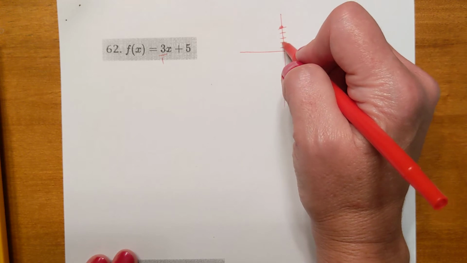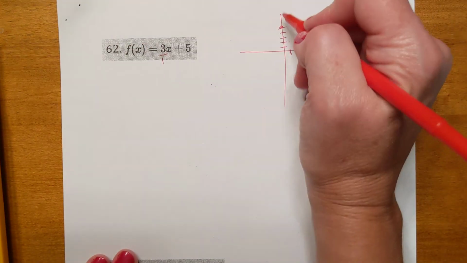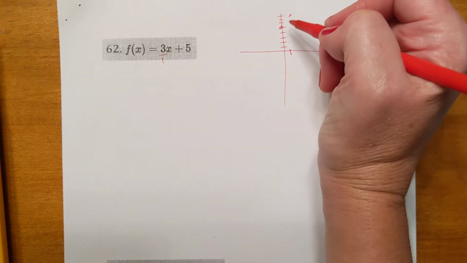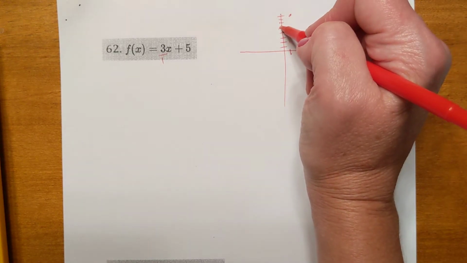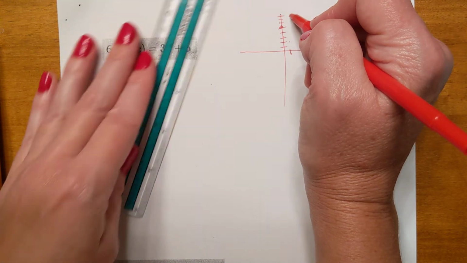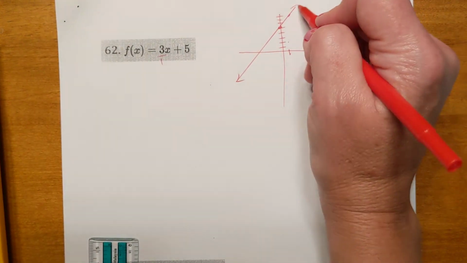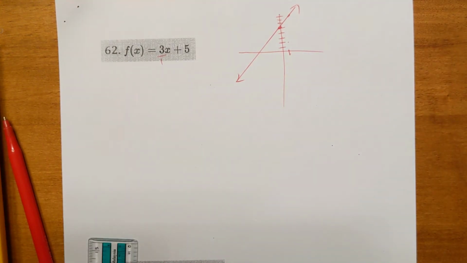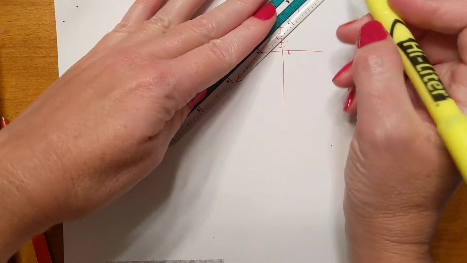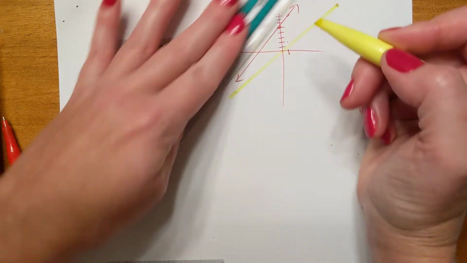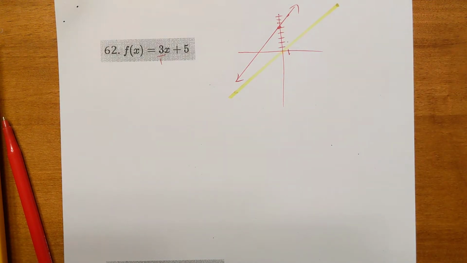What am I doing? It's positive, so it goes up 3. So it has a y-intercept of 5 and a slope of 3 over 1. There's the line y equals 3x plus 5, and while I'm there, I'm going to sketch the line y equals x. That's what we're going to flip over.